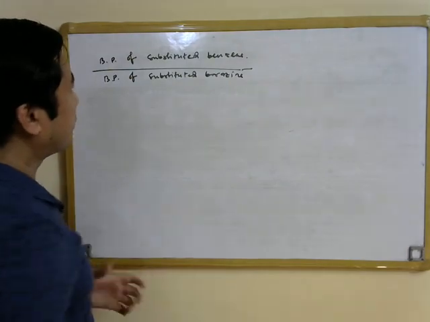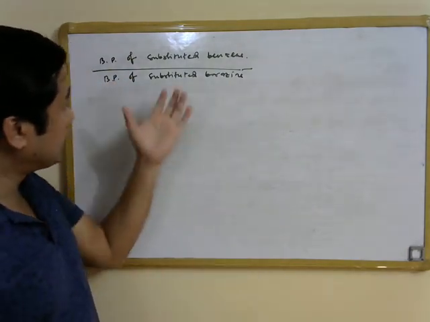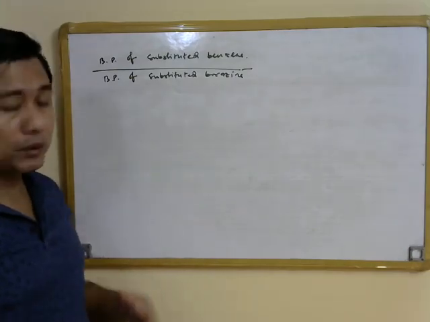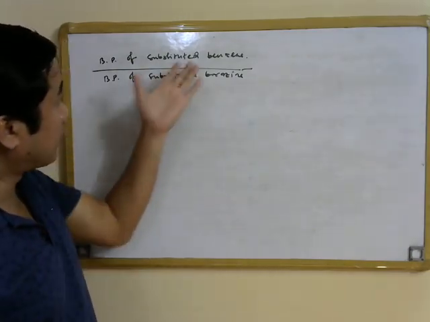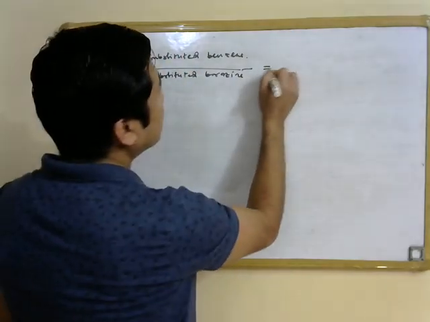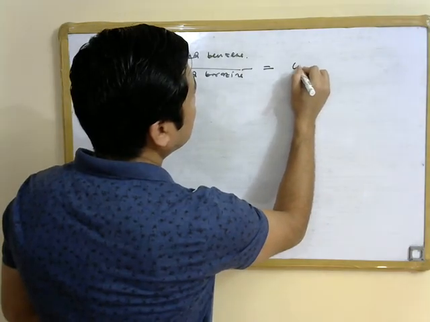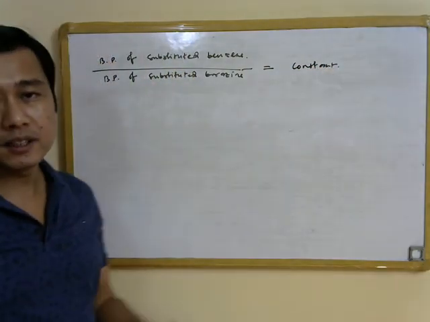So if we find out the ratio of the boiling point of benzene with the boiling point of substituted Borazine, and if we use similar substitution for benzene and Borazine, what we will find is that this ratio is essentially constant for different substitutions.